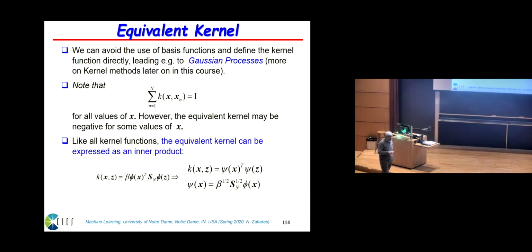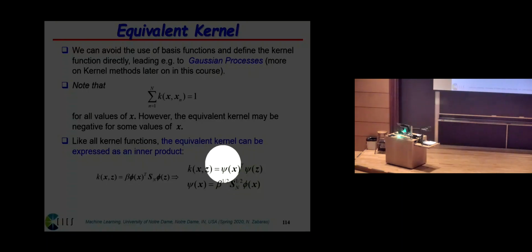Right? And when you see psi transpose psi, what does it remind you? When you have a vector transpose with a vector itself, what is that? What type of operation from linear algebra does this remind you of?